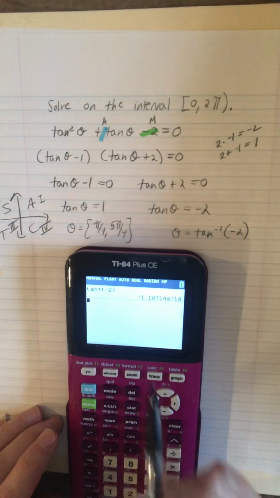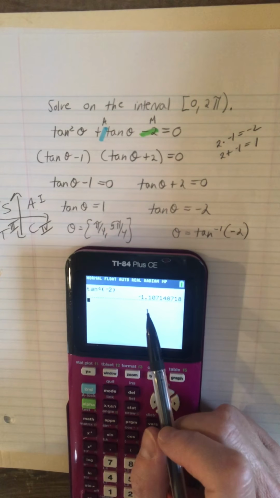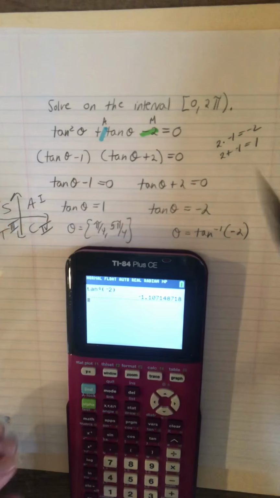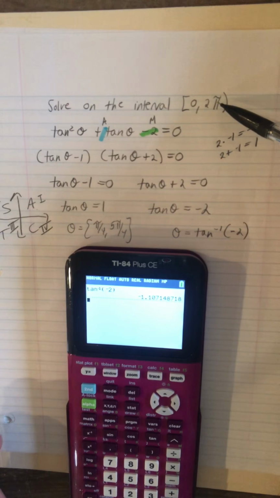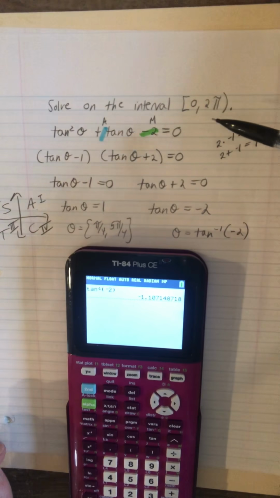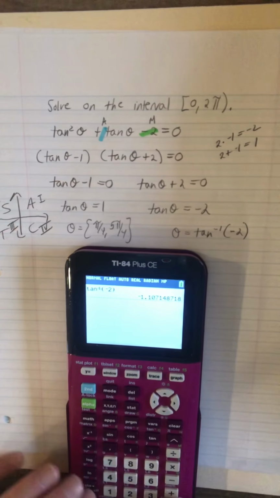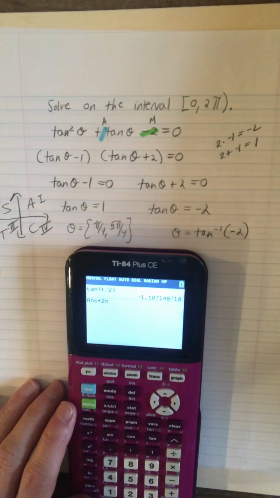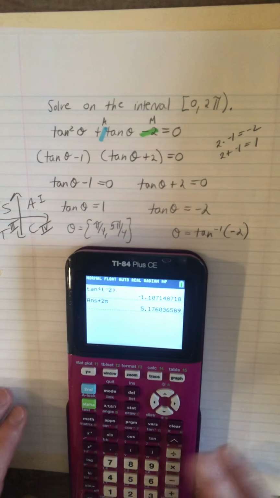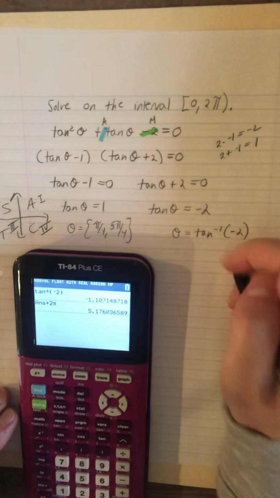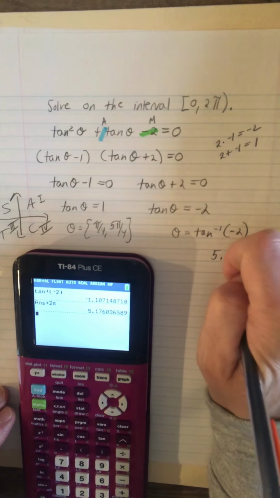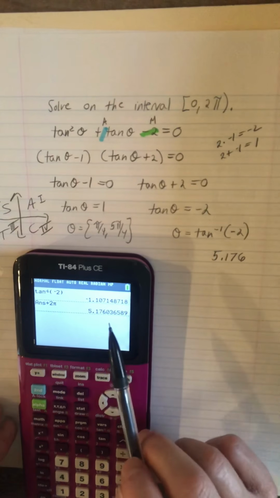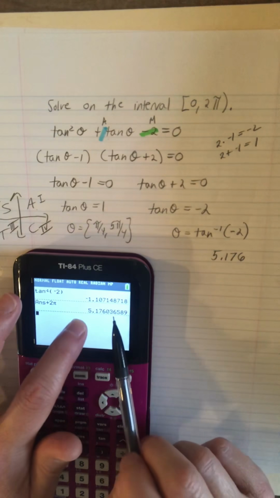Now it's only giving me one answer, and it's a negative answer that is not between 0 and 2 pi. So in order to find the positive answer, I have to add that revolution of 2 pi. If I add that revolution, I get approximately 5.176. What quadrant would that be in?